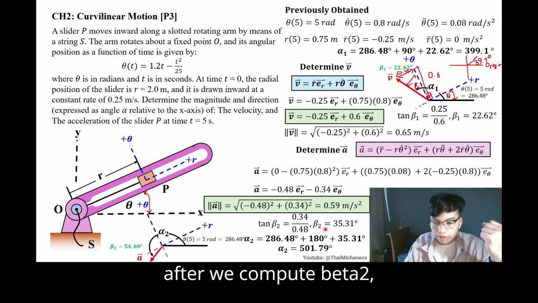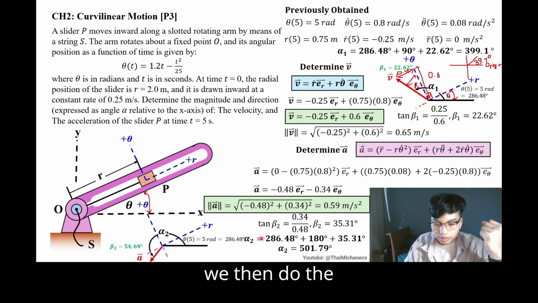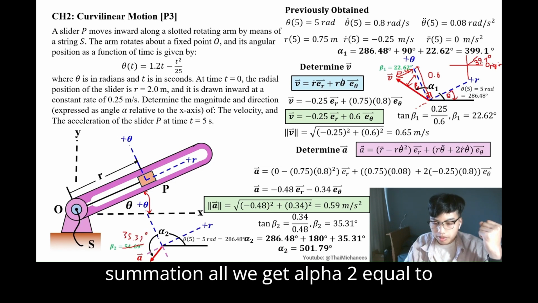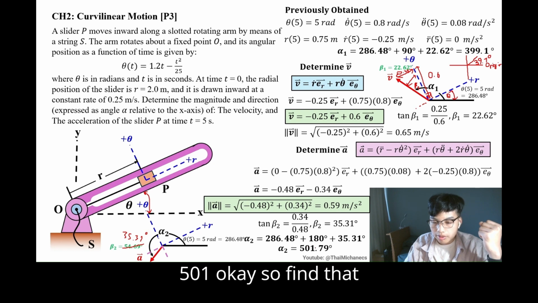So after we compute beta 2, we then sum the angle from theta and 180 with this small angle, which is 35.31 degrees. Summing all, we get alpha 2 equal to 501.